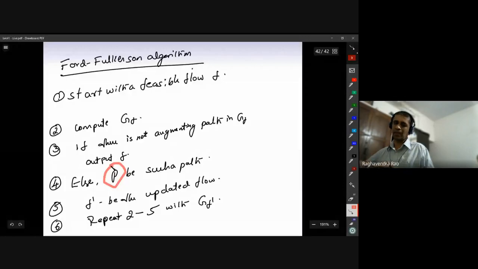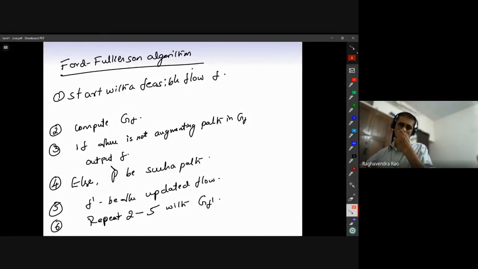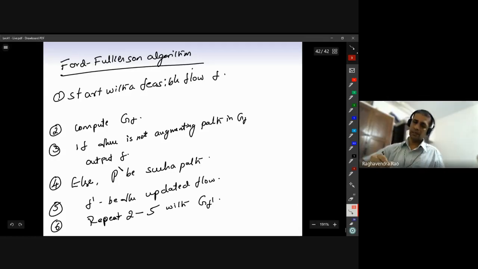So that requires an argument. I will not really go into that, but in essence, just like shortest paths, the proof immediately gives us a generic algorithm. And almost all of the algorithms essentially have this flavor. It's about the choice of P that you make. Okay.